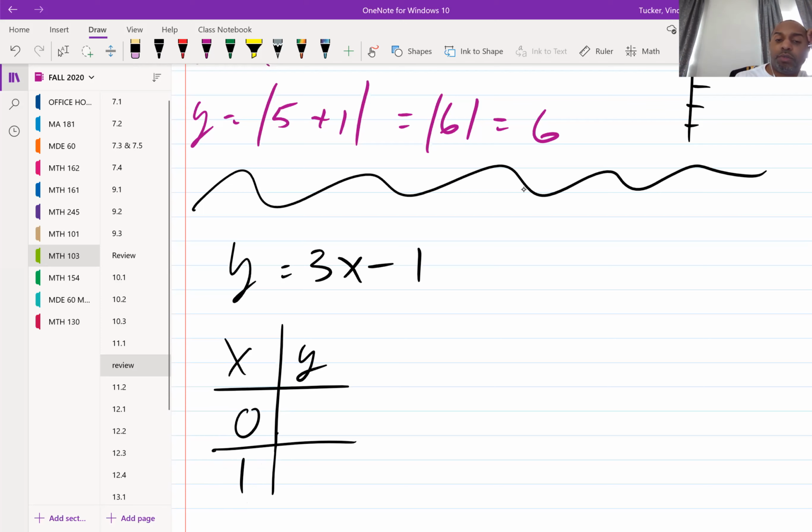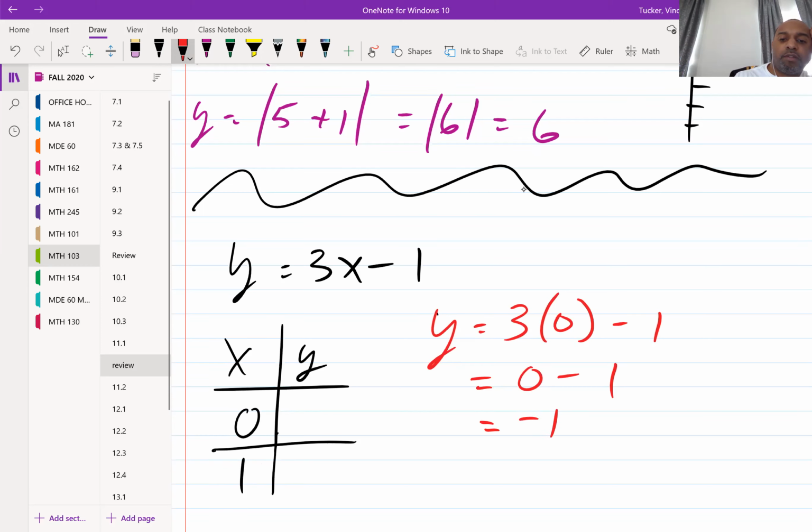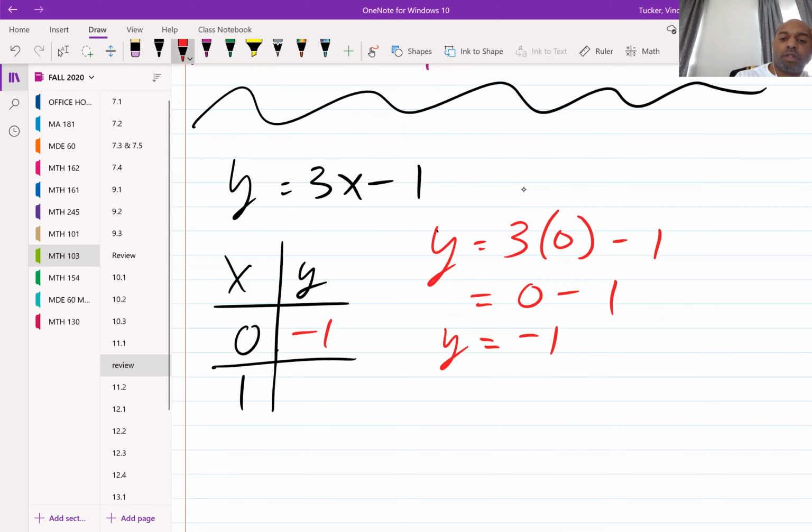So just choosing 2 is fine. And you will plug them in for x. So it'll be 3 times 0 minus 1. 3 times 0 is 0 minus 1. And that'll be -1. So when x is 0, y is -1. And then plugging in 1. Hold on a second.